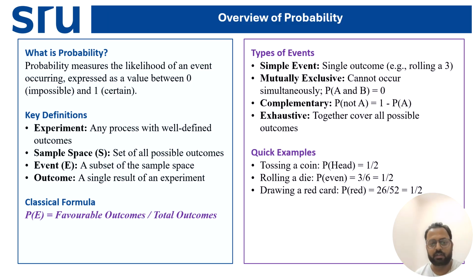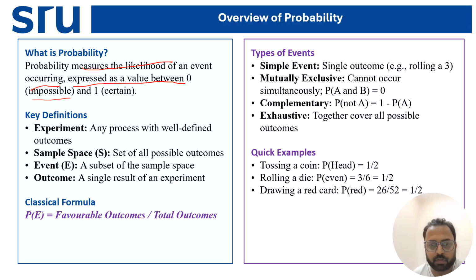Let me recall some definitions from the previous lecture. What is probability? Probability measures the likelihood of an event occurring, expressed as a value between 0 and 1.